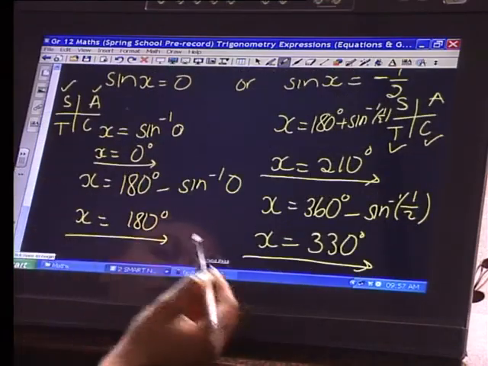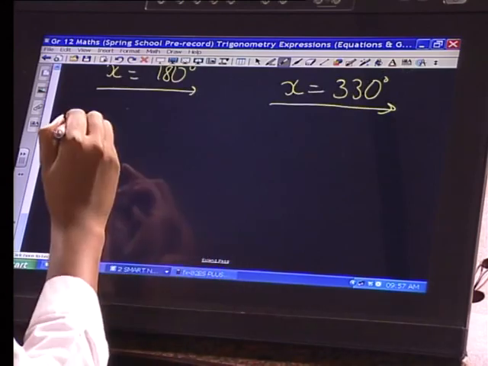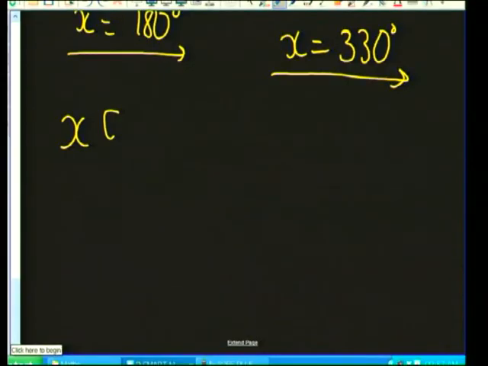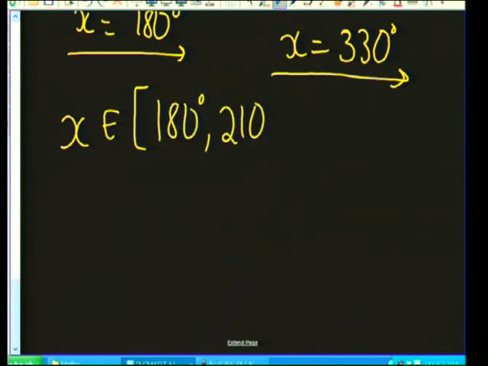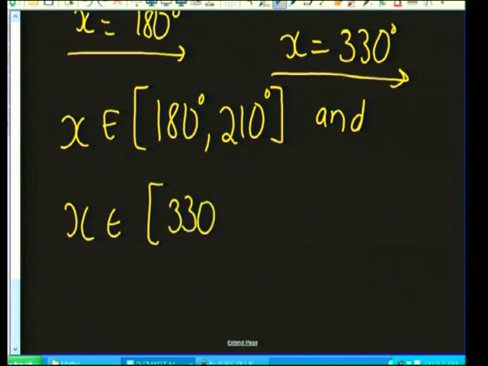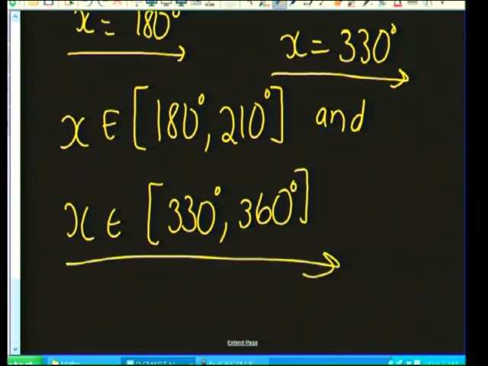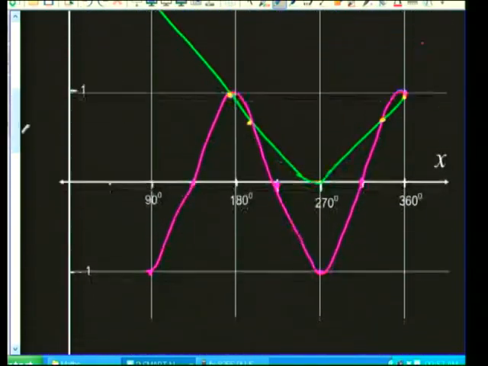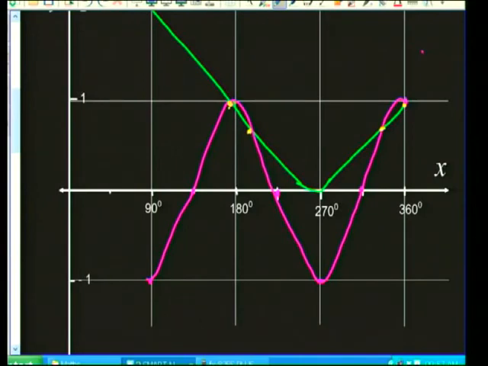So then our solution would be x is an element between 180 and 210, and because there's 2, x an element between 330 and 360 degrees. And that there is your answer, which is there and there and there and there.